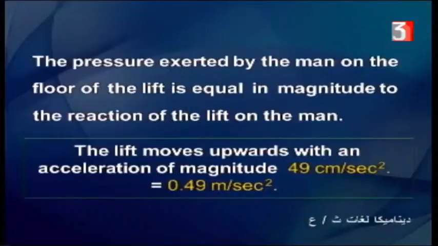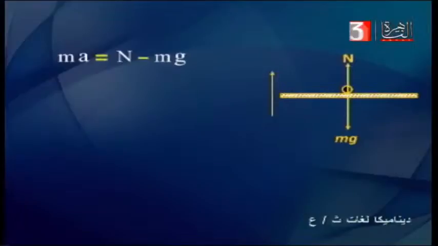Now we use meter per second squared as the unit for acceleration. What is the equation now? The lift moves upward, so the positive direction is upward. N minus mg equals ma.